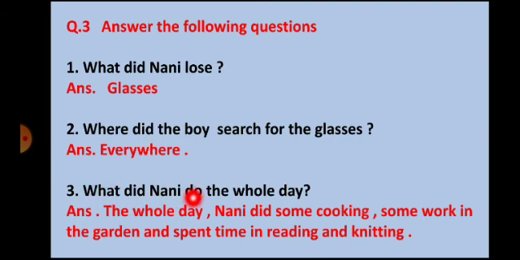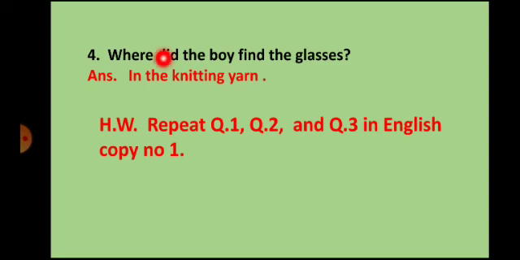So the whole day Nani did some cooking, some work in the garden, and spent time in reading and knitting. So these all works are done by Nani. Now the next question is, where did the boy find the glasses? In the knitting yarn. So he found the glasses in the knitting yarn.